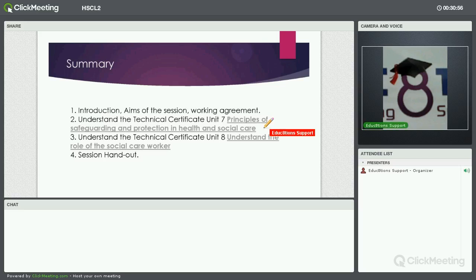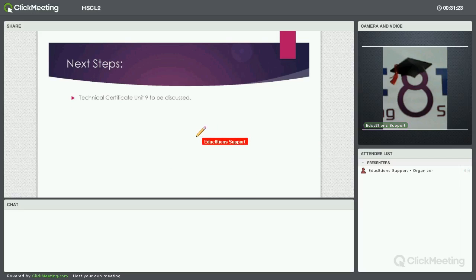Hopefully you understand a little bit better, and I've broken down any areas that you may well have thought were difficult. And the same with Unit 8, understanding the role of the social care worker. But I'm sure you understand fully your own role. Who am I to tell you about that? You know best. But do you understand your role? Okay, and we've had a look at the session handout.